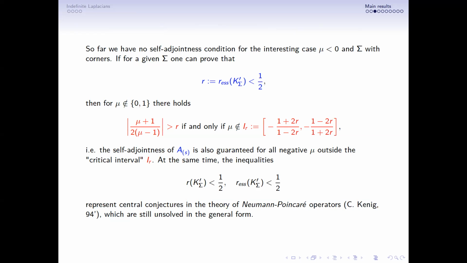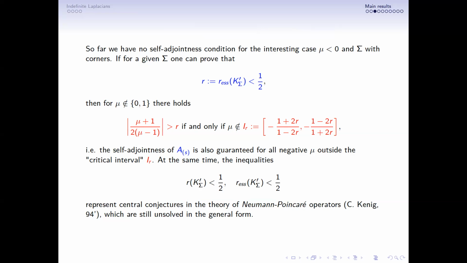So just as a remark, let's say in L2, for example, or in H1/2. The question whether the radius of the essential spectrum is strictly smaller than 1/2, or the radius of the spectrum is strictly smaller than 1/2, is a very hard question.